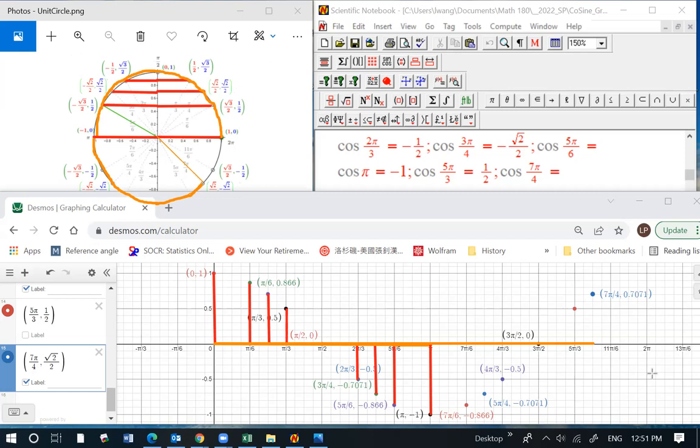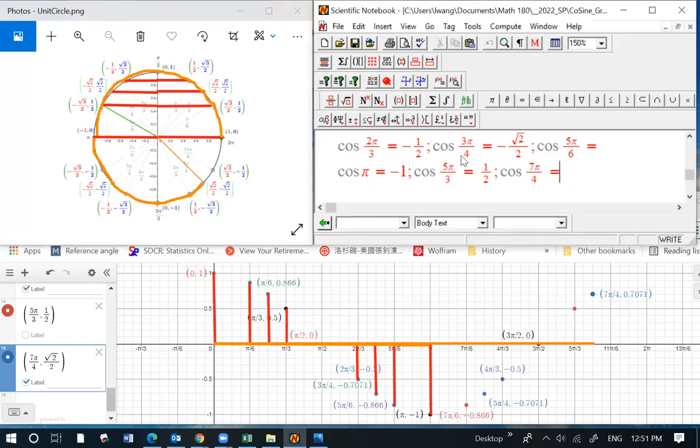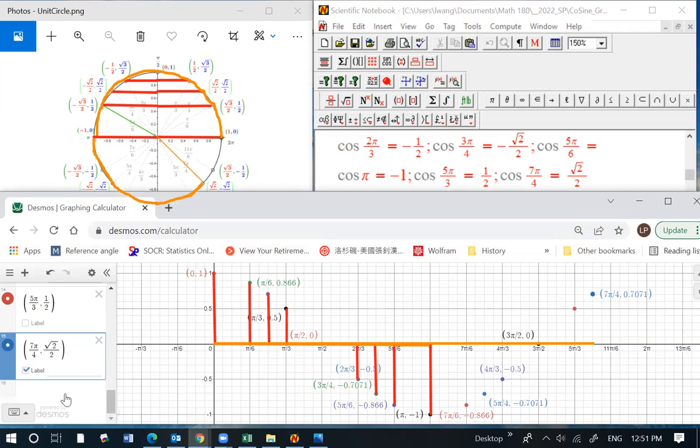Okay, that's the input. So cosine 7 pi over 4 is that red number, right here. It's root 2 over 2. So this value is equal to square root of 2 over 2. Okay, so 2 more, 11 pi over 6.